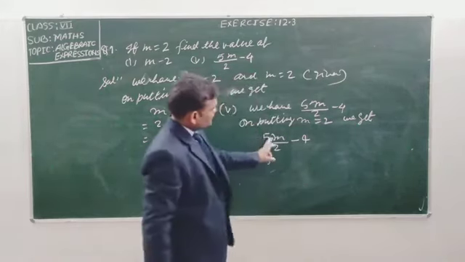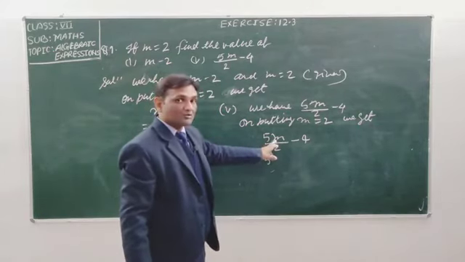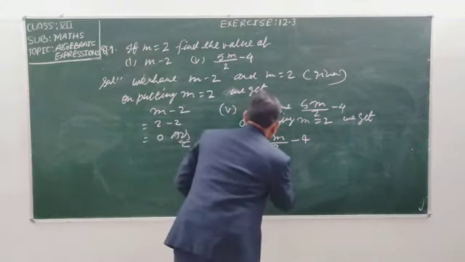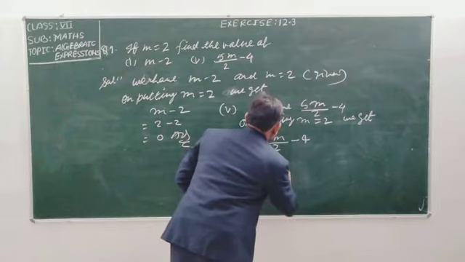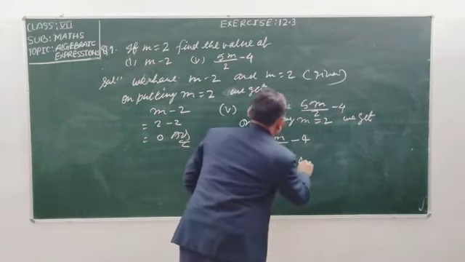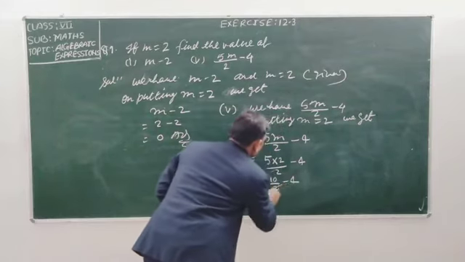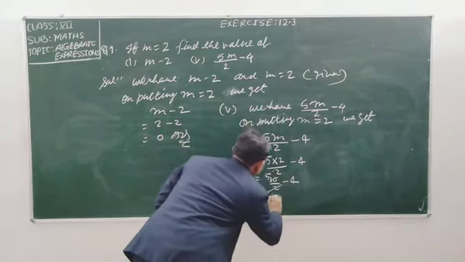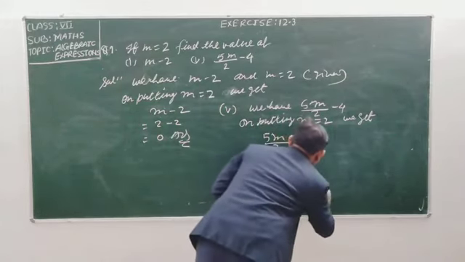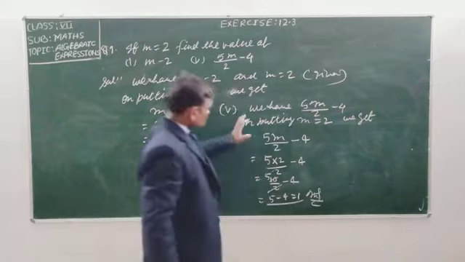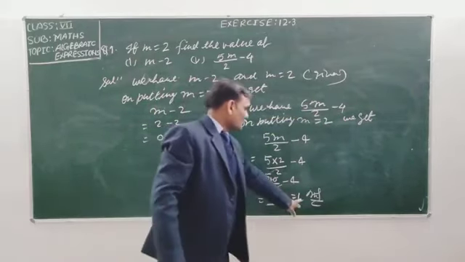Student, there is no sign between 5 and m, so you will understand it as a multiplication sign: 5 into 2 upon 2 minus 4. That is 10 upon 2 minus 4. 2 fives are 10, 5 minus 4 is equal to 1. This is my answer. So student, the value of 5m upon 2 minus 4 is 1.